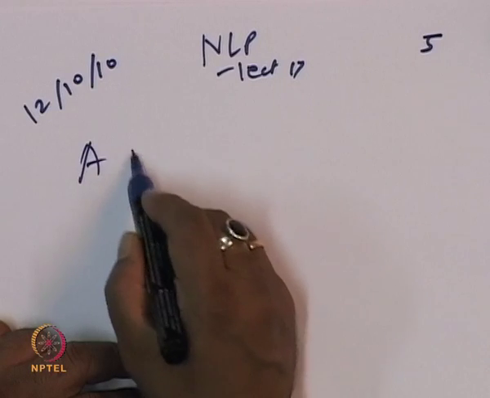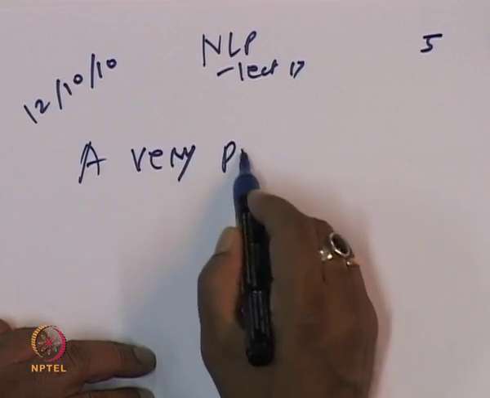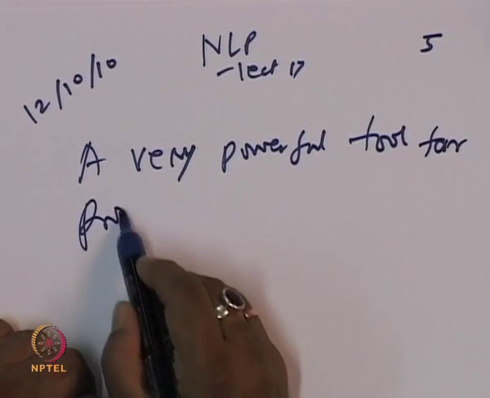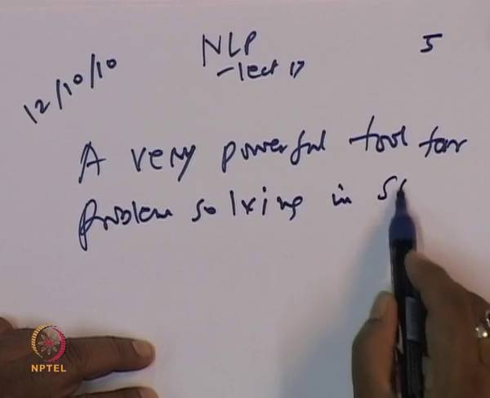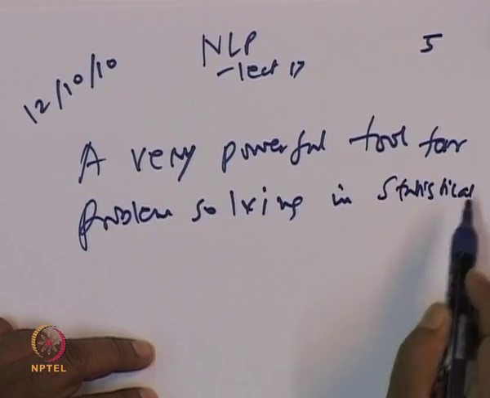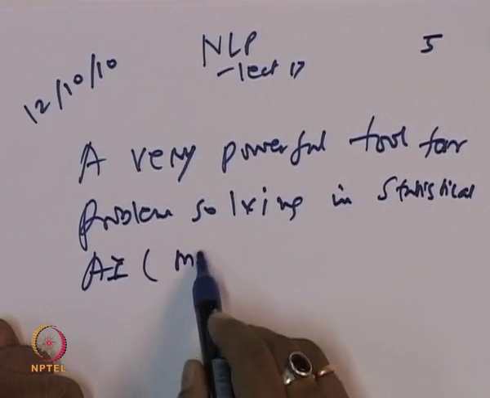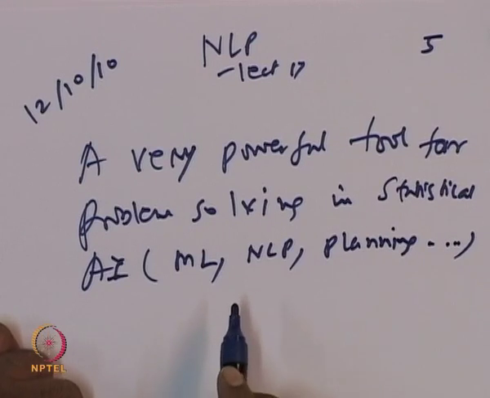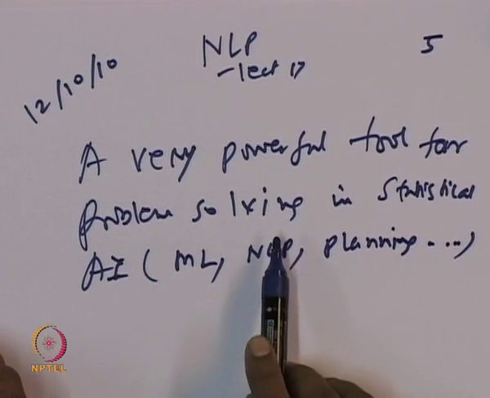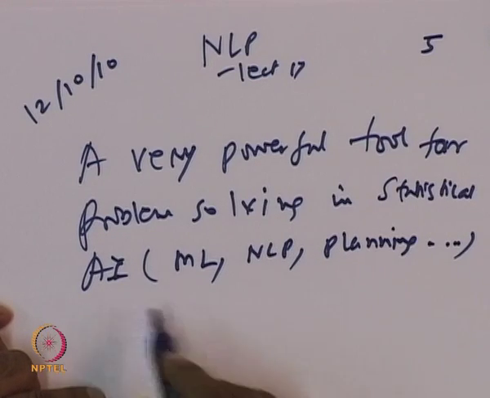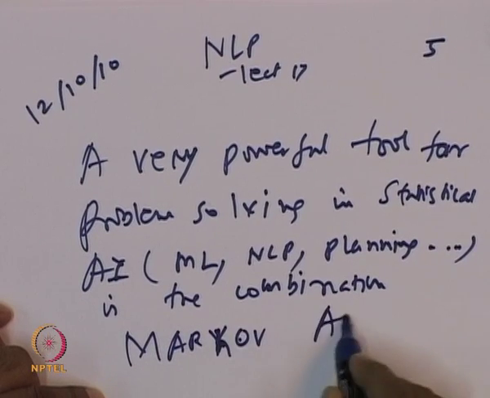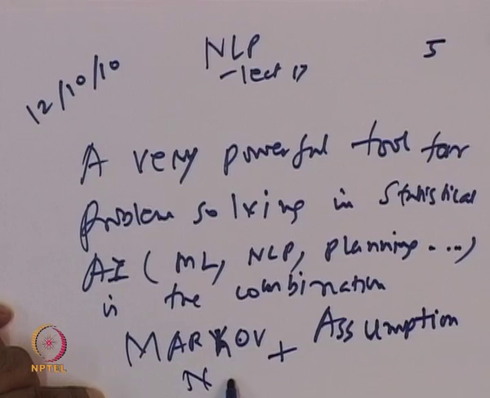A very powerful tool for problem solving in statistical AI, which means machine learning, NLP, planning and so on, is the combination Markov assumption plus naive Bayes.